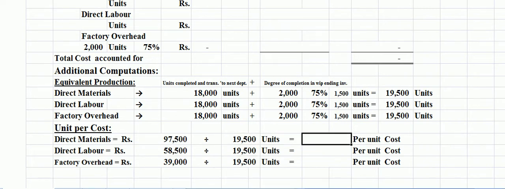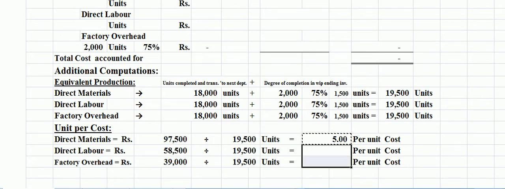Now we will find the per unit cost here. We have to divide the cost by the number of units completed in equivalent production. This is 5 rupees per unit as a material cost, same as we copied below.